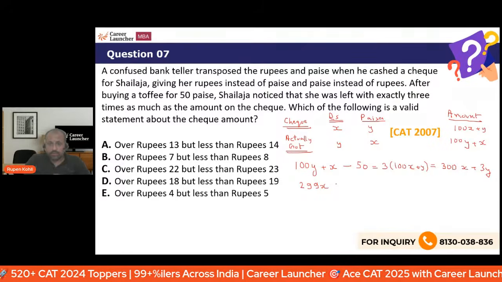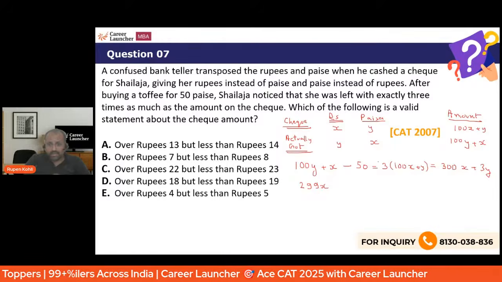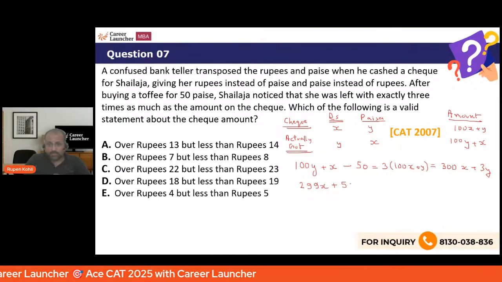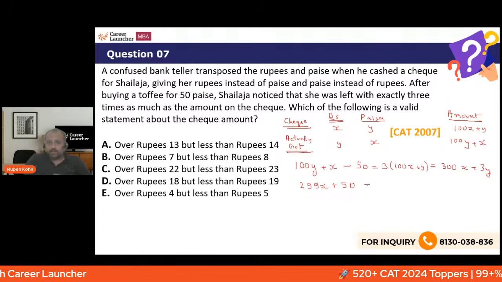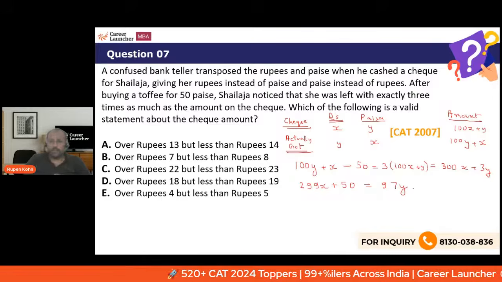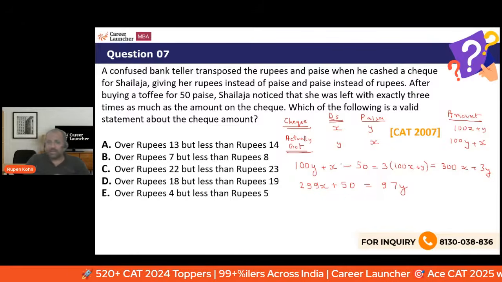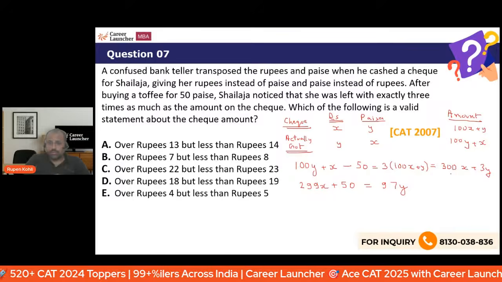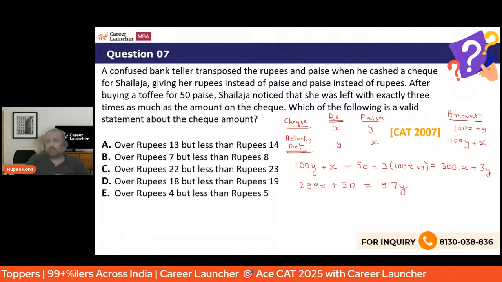Let me bring 50 on this side, so 299x plus 50 equals 97y. Right, 100y minus 3y is 97y, equals 299x, and 50 goes over there, plus 50.